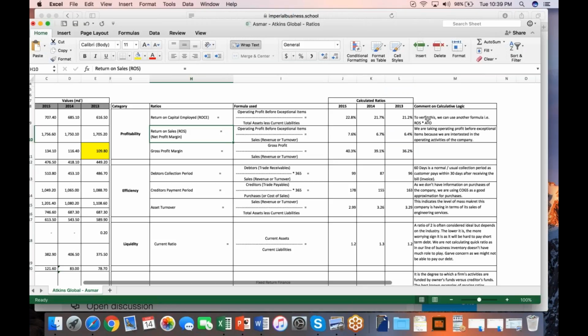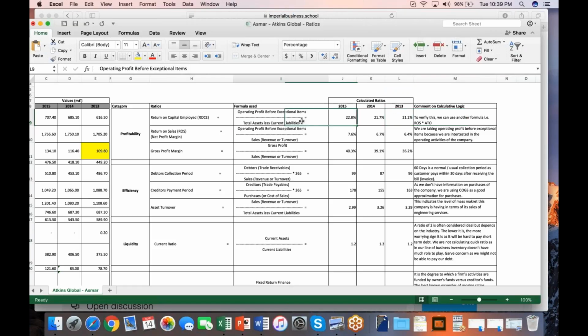So to verify this calculation, the professor says a bit later, here I've made the calculation as per this formula. But to verify this, we can use another formula, return on sales multiplied by asset turnover. If I had used a different formula, like net profit, this multiplication would never be satisfied.